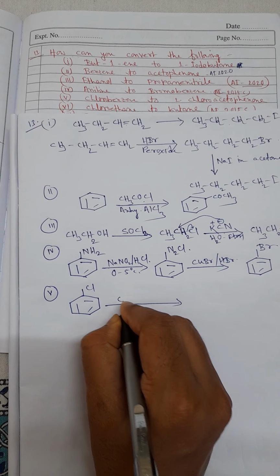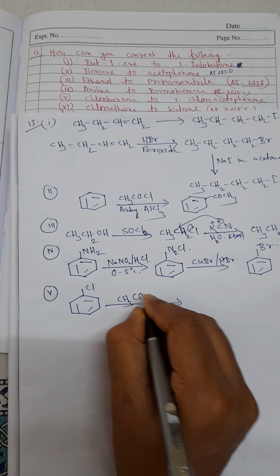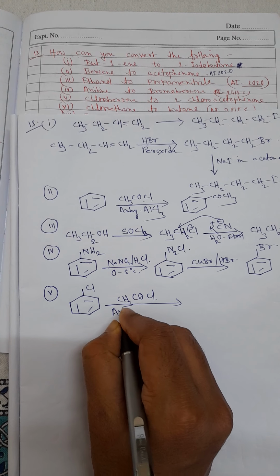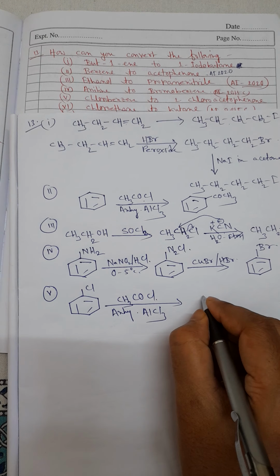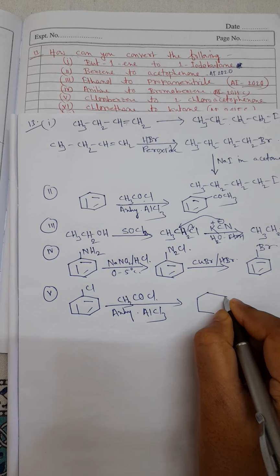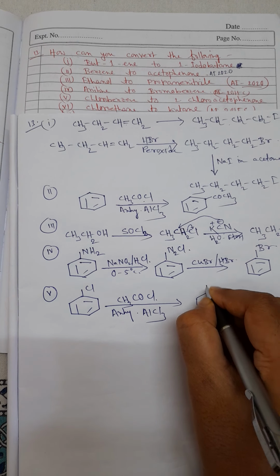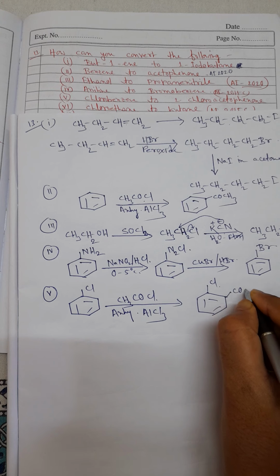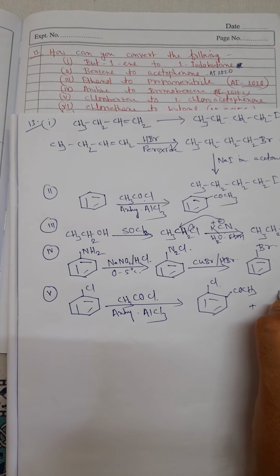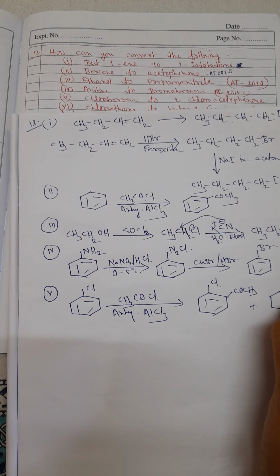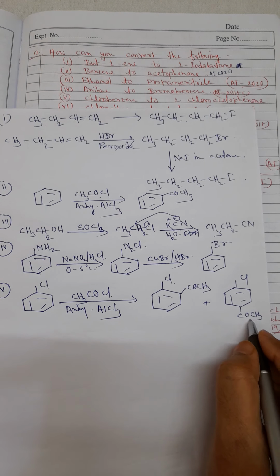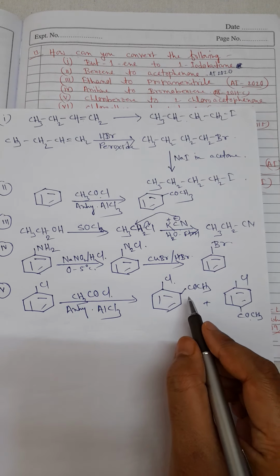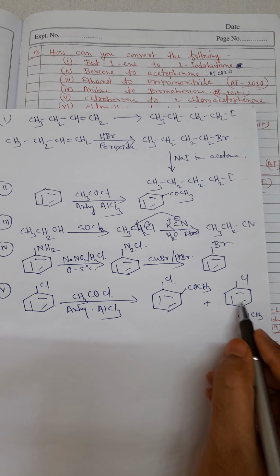When chlorobenzene is treated with CH3COCl with anhydrous AlCl3, then you will get 2-chloroacetophenone along with 4-chloroacetophenone. This is 2-chloroacetophenone, and this is 4-chloroacetophenone.